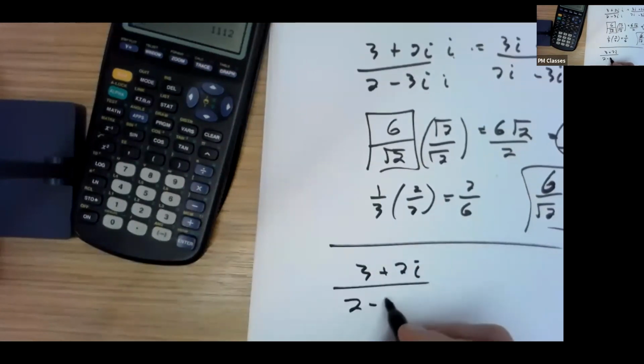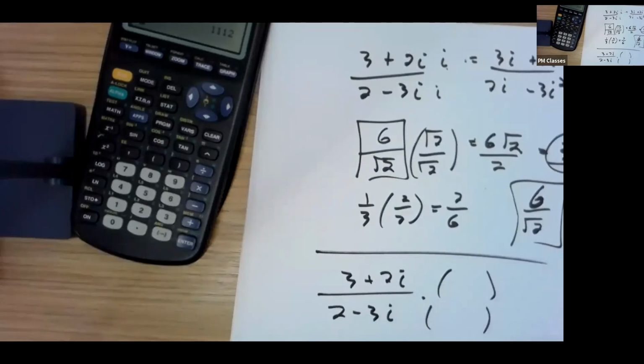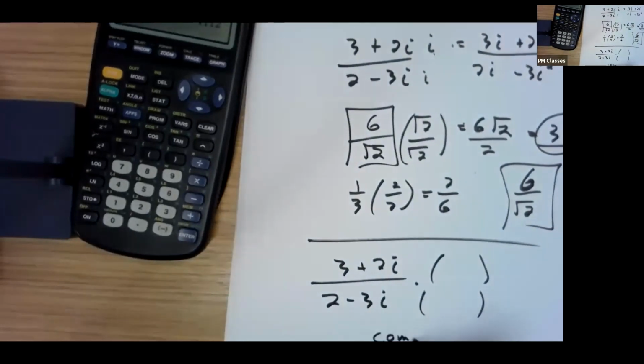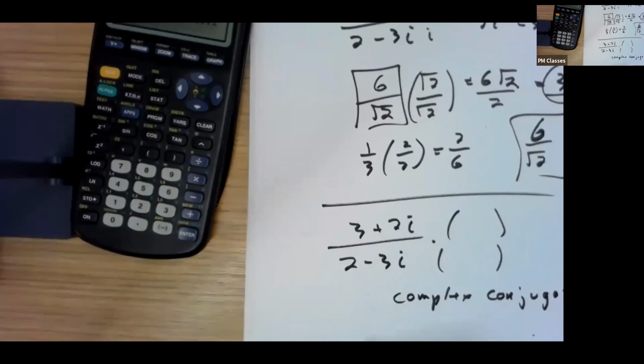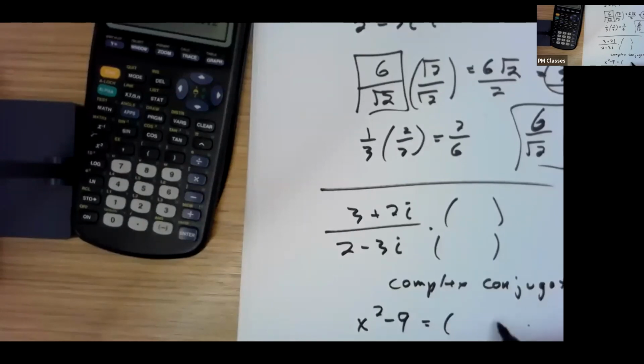So what we're going to do for this is multiply times what's called the complex conjugate. You won't be quizzed on this, but it's called the complex conjugate. And the idea is this. Do you remember how x squared minus 9 factors? That is x plus 3, x minus 3.